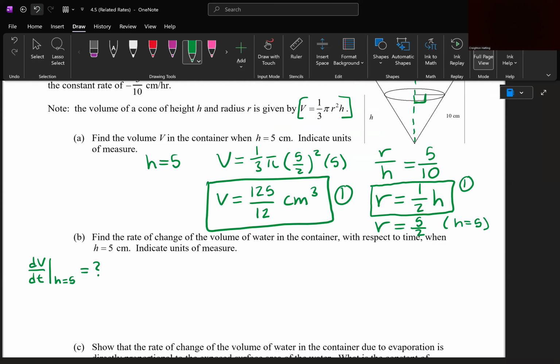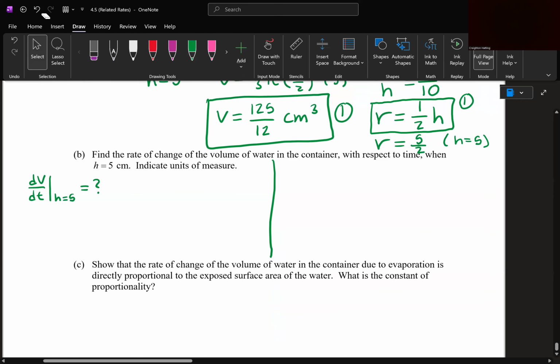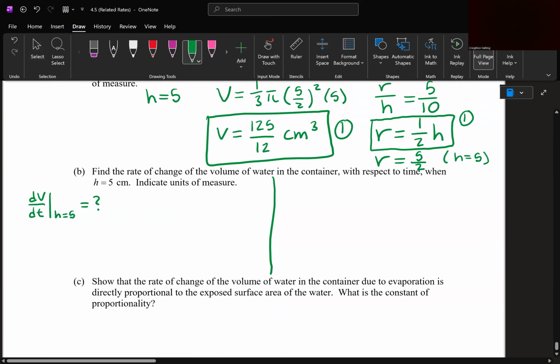Again, there are two ways to do this, and I'm going to try to show you both and keep this under a reasonable amount of time. But we could substitute the H variables for the R variable, because if you look right here, we have an equation that relates R and H. So R equals 1/2 H. I can use that to substitute in 1/2 H everywhere that I see an R. So in my volume equation, I will have volume equals 1/3 pi, and then this is where I'm going to substitute for R so that I have only H's, which helps simplify it a little bit.